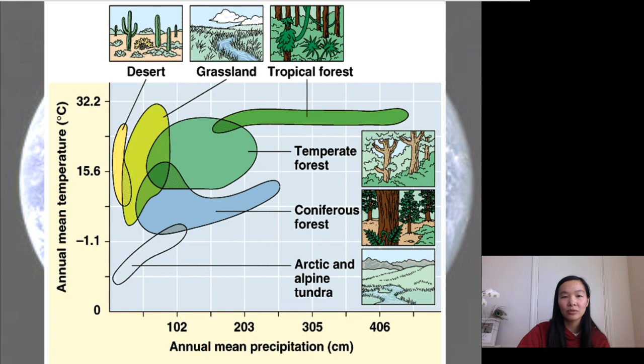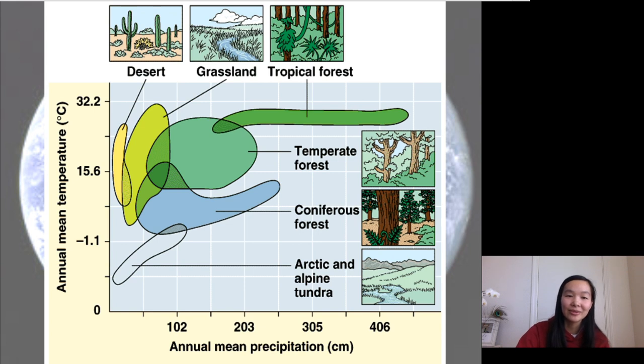You can see that the tropical rainforest, which is like the green snake looking thing at the top of the graph, has a pretty stable temperature throughout the year, but it has massive changes in rainfall. It gets a lot of precipitation.